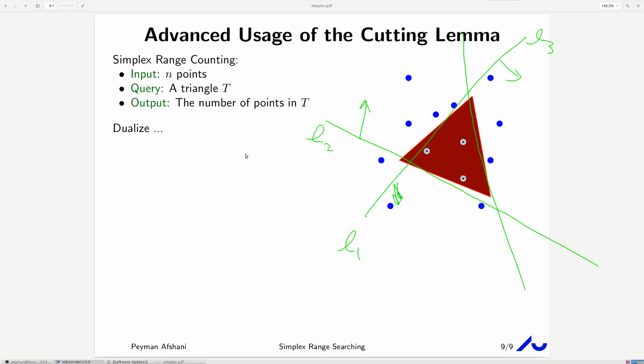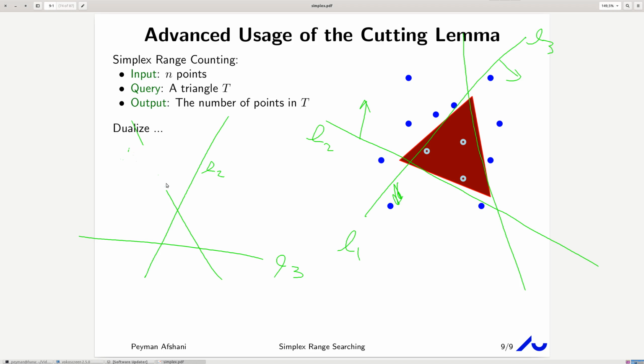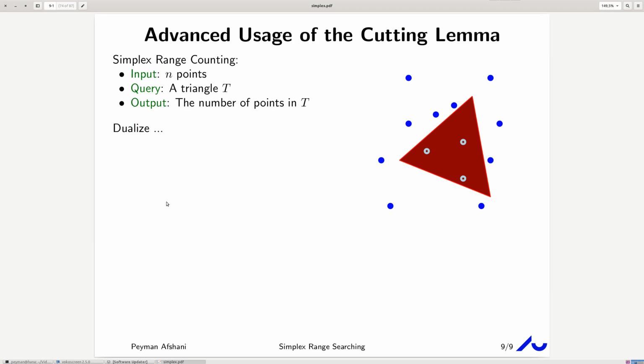But I guess you could also have a triangle that looks like this. So you have L1, L2, L3. Here, I guess this is the same. Or you could have a triangle that looks like this.